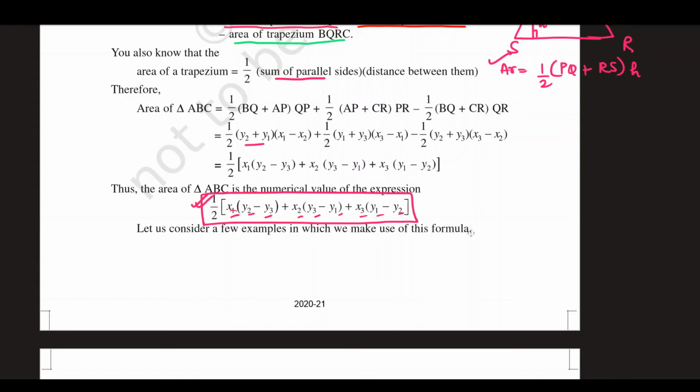So it is 1 into 2 minus 3, and 2 into 3 minus 1, and 3 into 1 minus 2. It is a nice way to remember this.